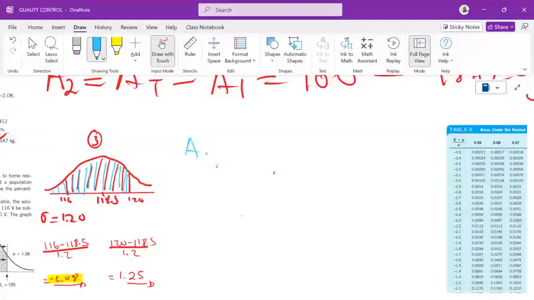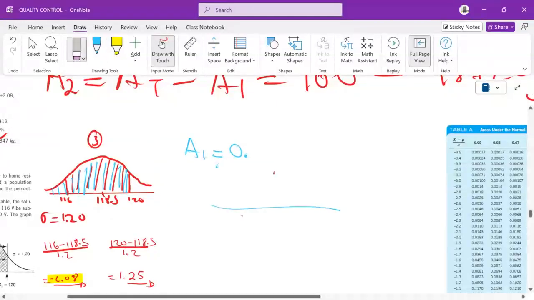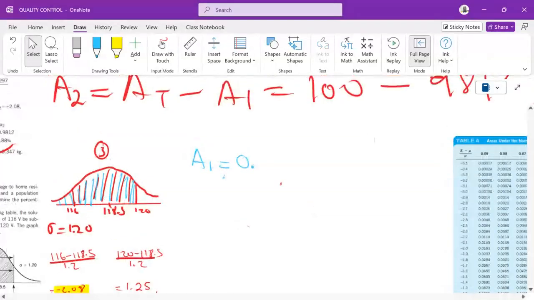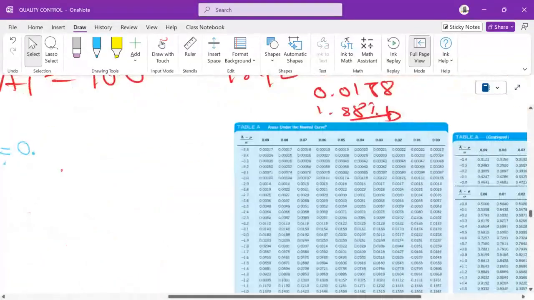A1 is equals to 0. I even forgot that number now because this is misbehaving and the fan is very loud. I don't know what's happening. Where's my hand? Why do you look different on my PC? This thing is getting stuck, it doesn't want to move, guys.